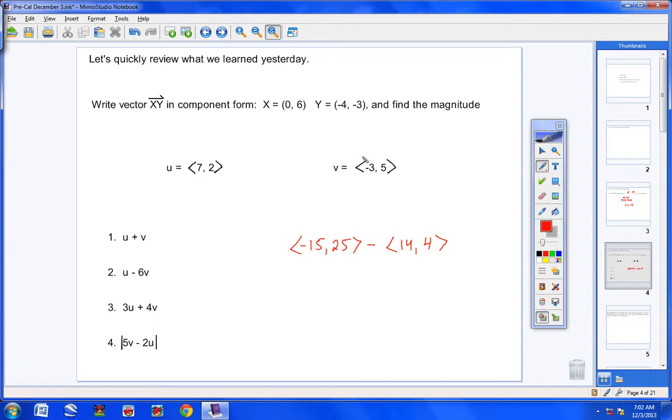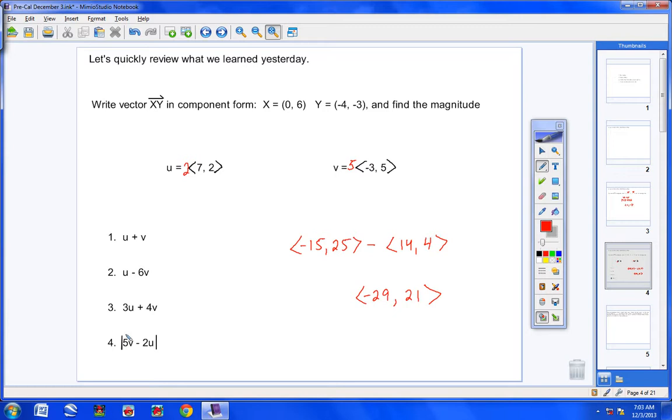I went ahead and multiplied the 5 through v, and I got this right here. And then I went ahead and multiplied the 2 through u, and I got this right here. And then I would subtract these two vectors, so -15 minus 14 would be -29. All right? And then 25 minus 4 would be 21. All right, and that's basically it.